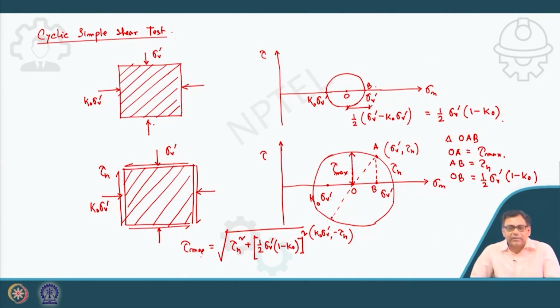In the next class I will discuss how I will correlate these two test data, then correlate that test data to the field data, and from there I will determine the shear stress required to cause the liquefaction.